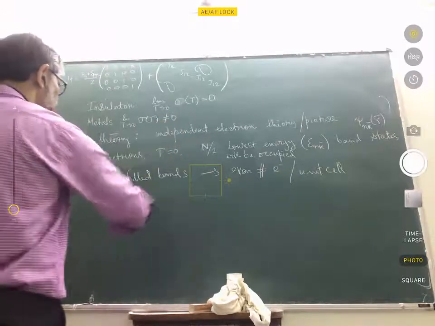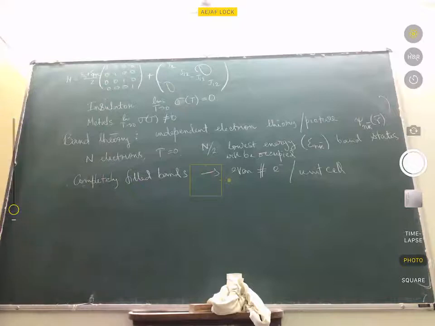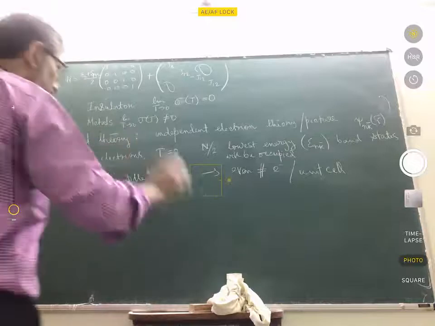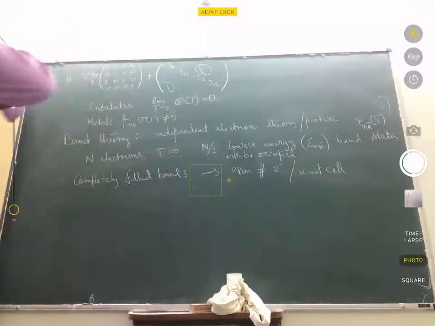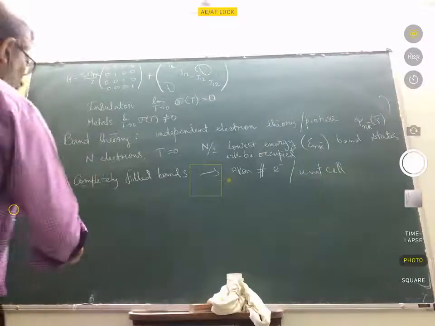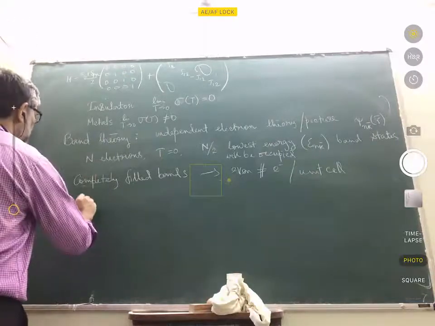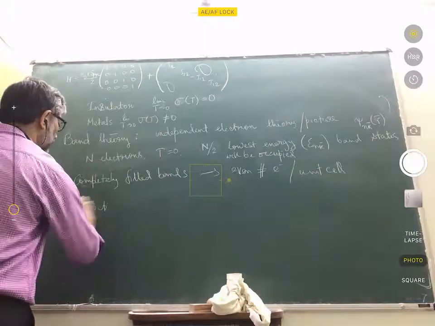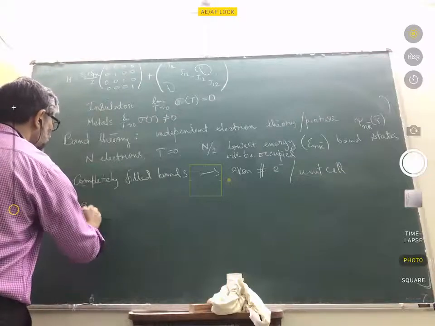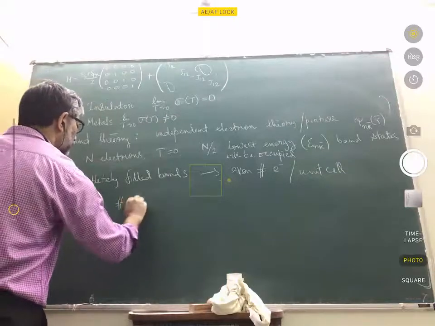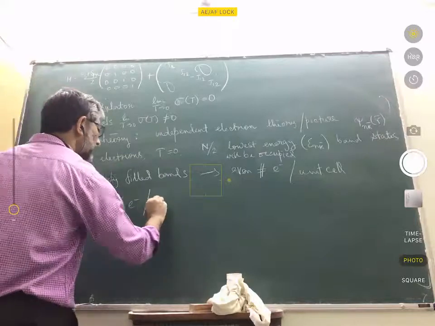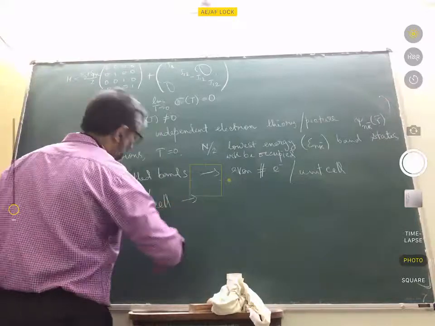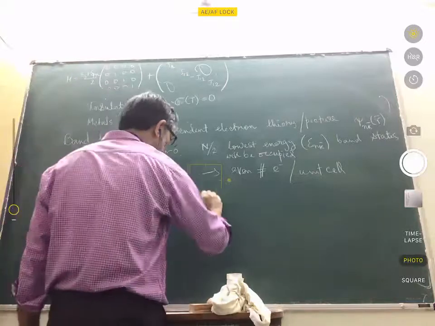So according to band theory, insulators require an even number of electrons per unit cell. The reverse is not true: you can have metals with an even number of electrons in the unit cell. And if you have an odd number of electrons per cell, they have to give you partially filled bands and they have to be metallic.